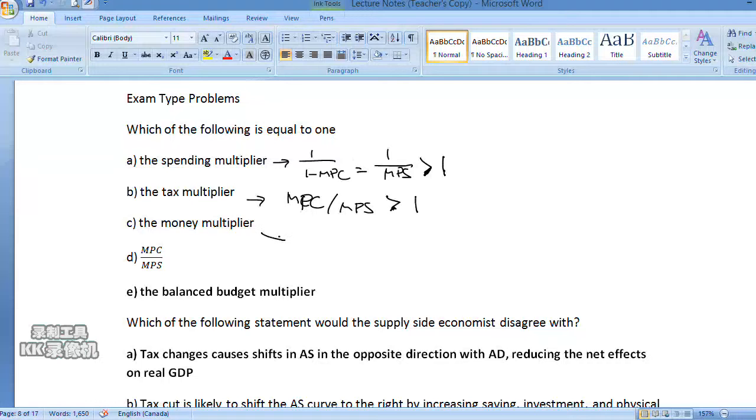The money multiplier is 1 over the required reserve ratio, and again this is bigger than 1. MPC over MPS is the tax multiplier. So again, it's bigger than 1. The balanced budget multiplier equals to 1. That's correct. So the answer is E.